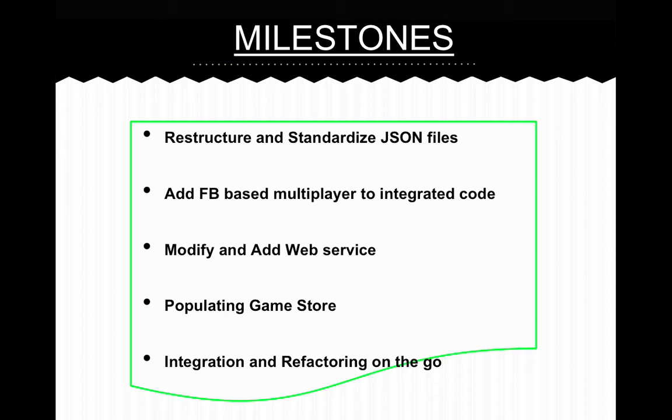The next important milestone was adding the Facebook based multiplayer, that is the friend wise level and level wise friend selection, into the integrated code. There were a few changes made here. Previously we were using the Facebook name, retrieved from the Facebook Graph API, as the primary key to get all the data for the person.